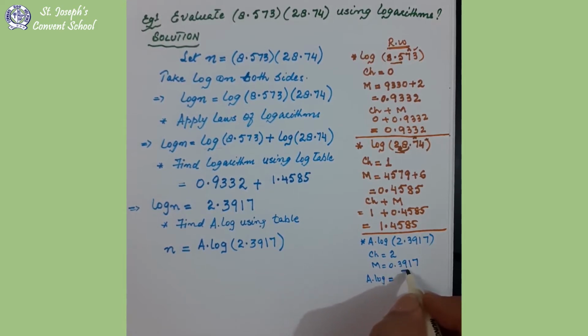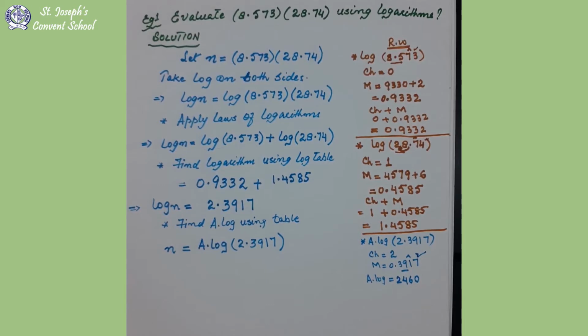So you will check 39 column 1. Okay, 39 horizontal, 1 vertical. The intersection of these two is 2460. You have to check the anti-log table. Okay, so in the anti-log table 39 column 1 is 2460, and 7 you will check in the mean difference column.